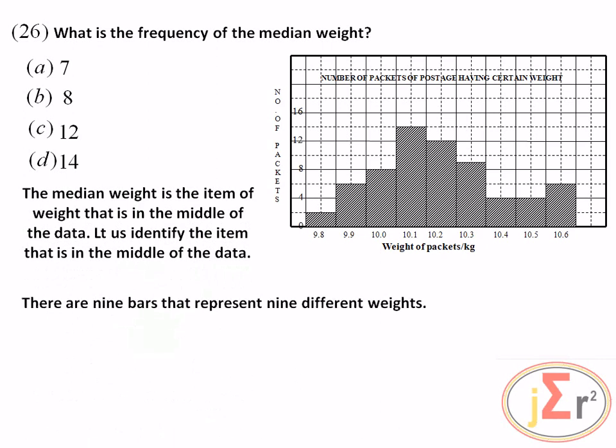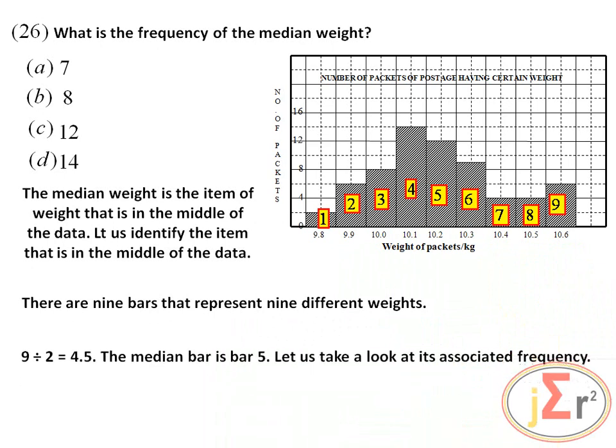There are 9 bars that represent 9 different weights. We can count them with those nicely decorated numbers. Black, red, and gold. The colors of Richard James Mathematics Resources. 9 divided by 2 is 4.5. We have 9 of them.